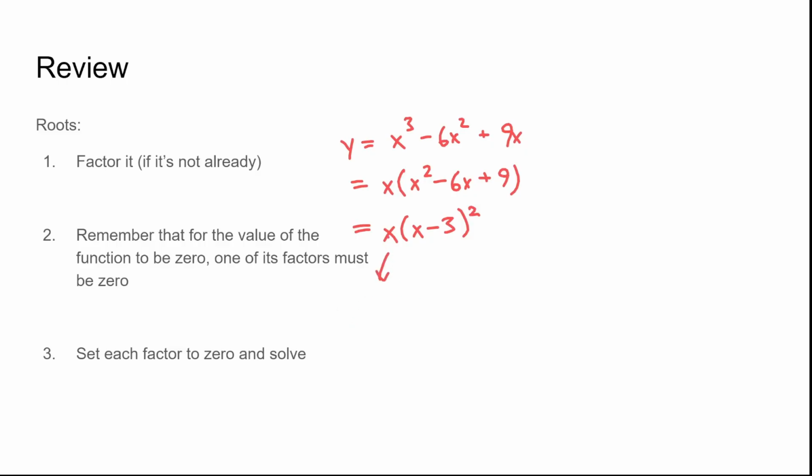Remember that a factor of just x is the same as x minus 0, times (x minus 3) squared. So a factor of just x means there's a root at x equals 0. On this side, x minus 3 equals 0, so x is equal to 3. So our roots are x equals 0 and x equals 3. And this happens to be a double root, which we'll discuss in just a minute.